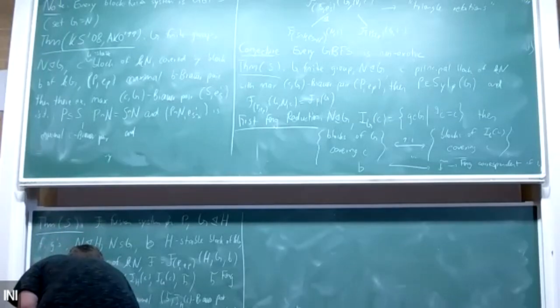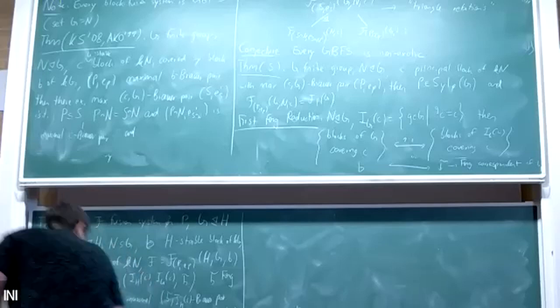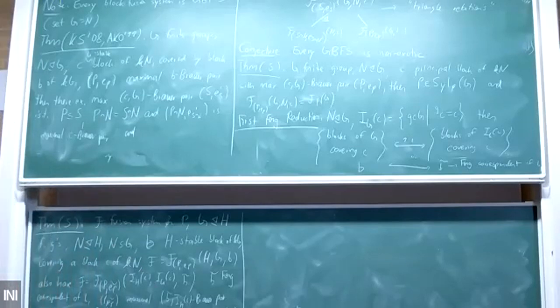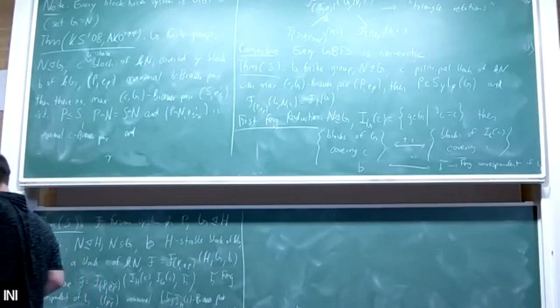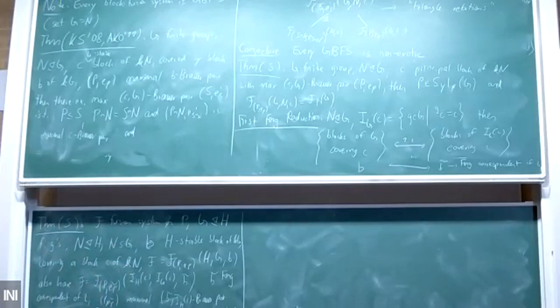So F_S(G) in this case is then also F_S(G modulo N). And now we want to somehow have an equivalent or corresponding result for blocks. And for blocks, having trivial p-part just means having trivial defect.